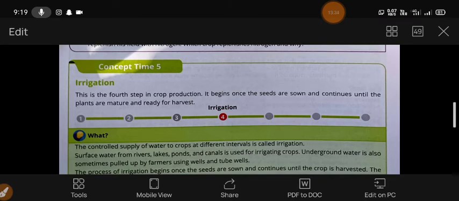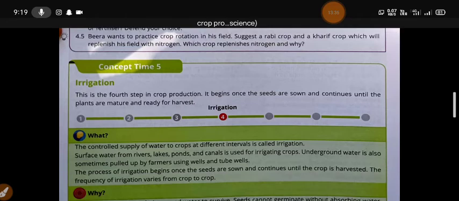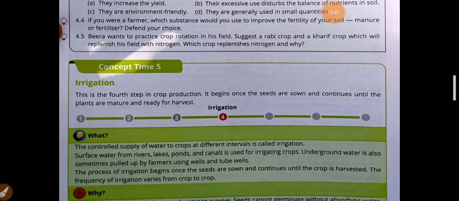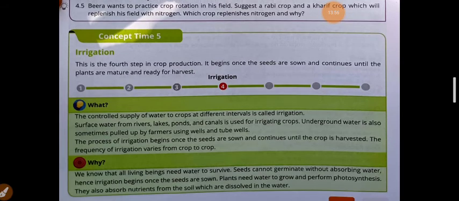Once again, I will do the quick revision of irrigation. Irrigation is the fourth step of crop production. It starts when the seeds are sown and continues until we harvest the plant. Controlled supply of water is known as irrigation. Rivers, lakes, ponds, wells and tube wells are all used for watering the plants or crops.